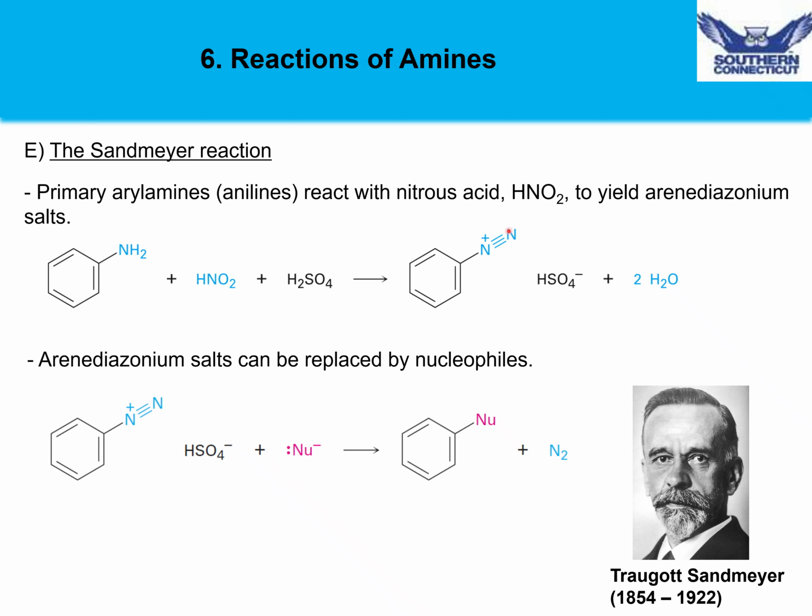This diazonium salt is very reactive. It's an electrophile that can react with a number of nucleophiles, which leads to a substitution reaction of the diazonium salt with that nucleophile. As a result of this reaction, the diazonium group is released as a nitrogen gas molecule.